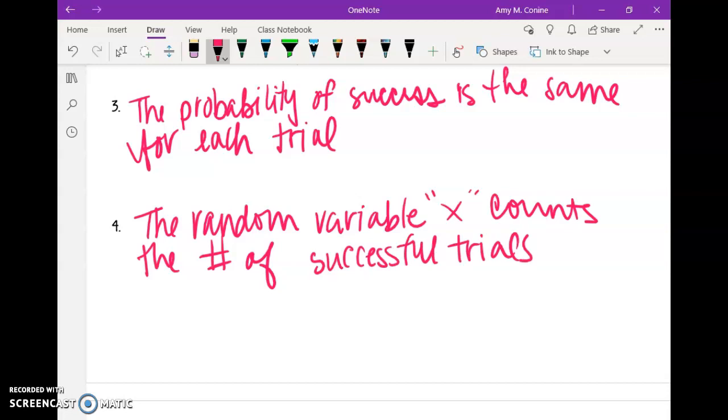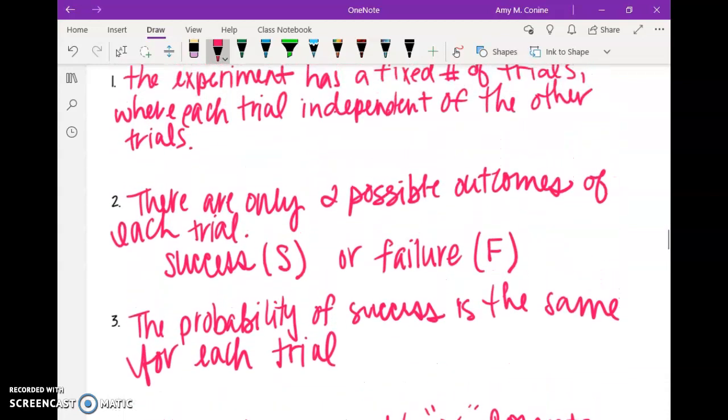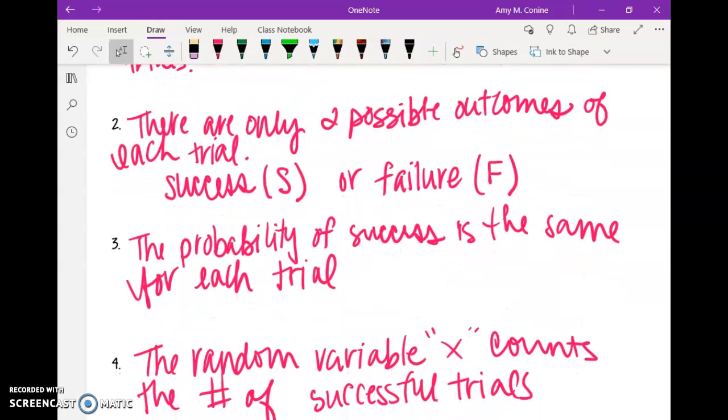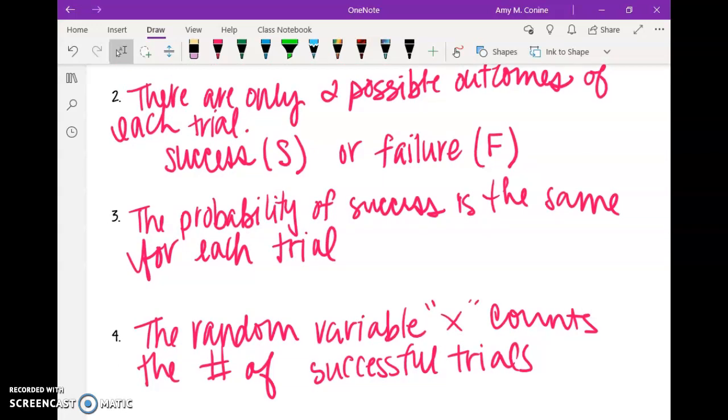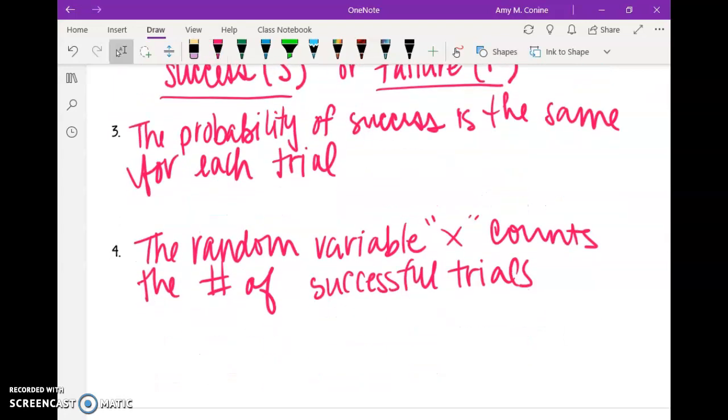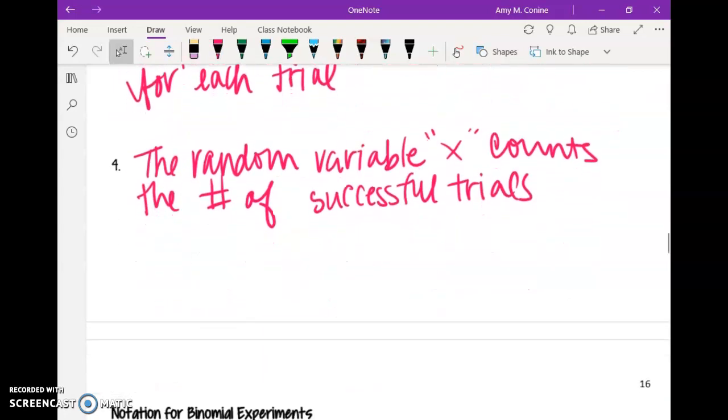So the fourth one, the random variable X counts the number of successful trials. So the first one, again, the experiment has a fixed number of trials where they're independent of each other. Second one, there are only 2 possible outcomes of each trial, success or failure. And then third, the probability of success is the same for each. And the last one, your random variable X that we've been talking about, counts the number of successful trials.